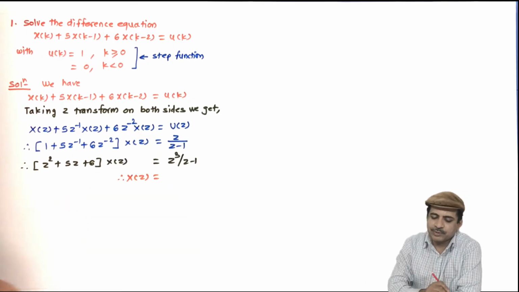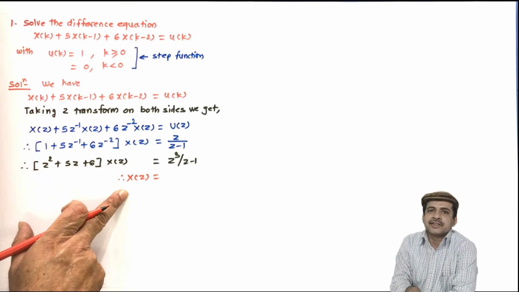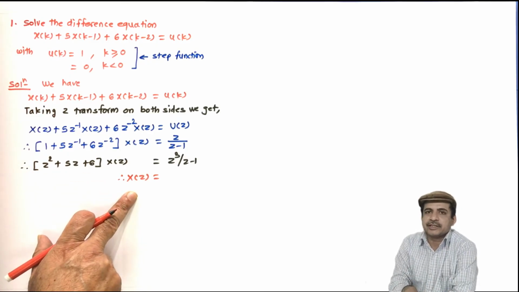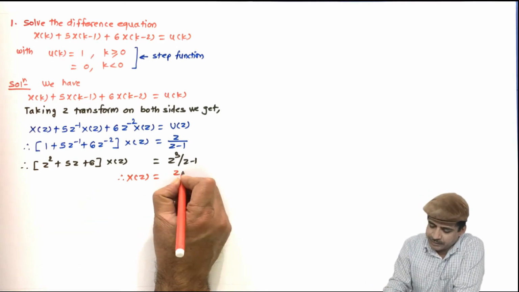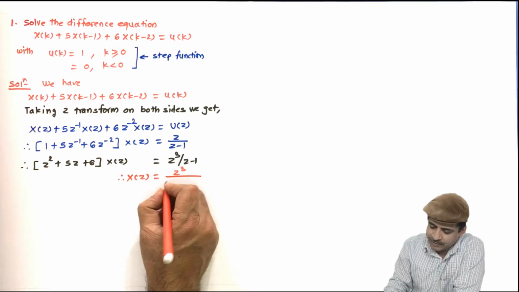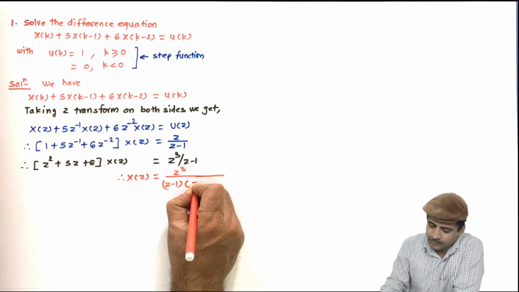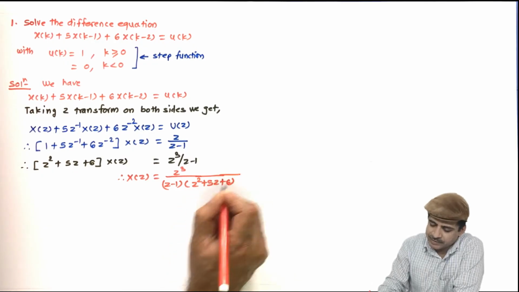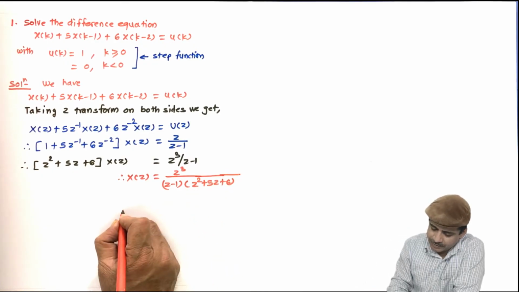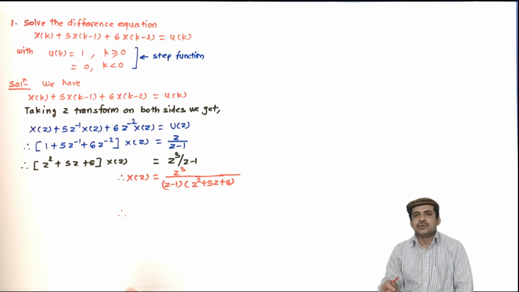So this was our step number 1, and this is step number 2, obtaining the expression for the z transform of the solution x of z, and this will now be z cube divided by z minus 1 into z square plus 5z plus 6. Now I have to take the inverse z transform of this to get x of k.